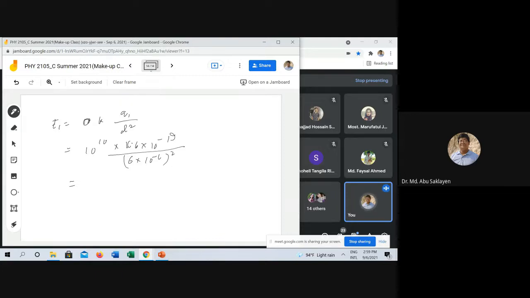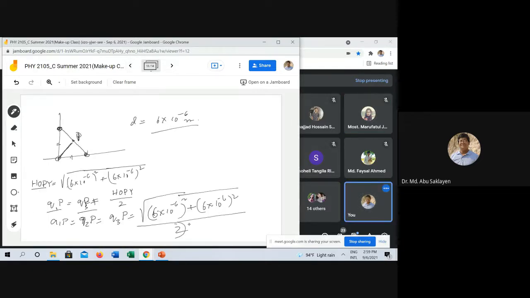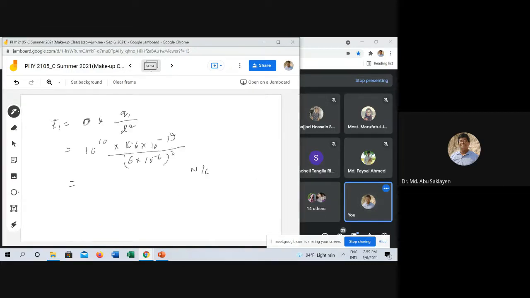And what is the direction of this E? This is Newton per coulomb. Direction of E will be towards Q1, right? Direction of E1, P to Q1, right?